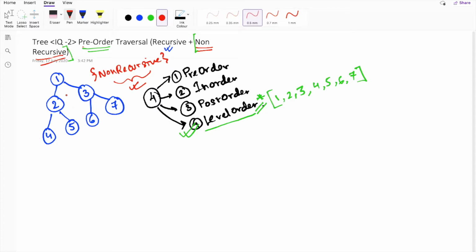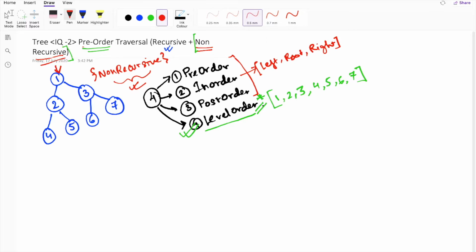Before we understand how we traverse this tree using pre-order traversing, let's understand the in-order traversing. The in-order traversing is the basis of all the three types of traversing. For example, we are on this node, the first node.